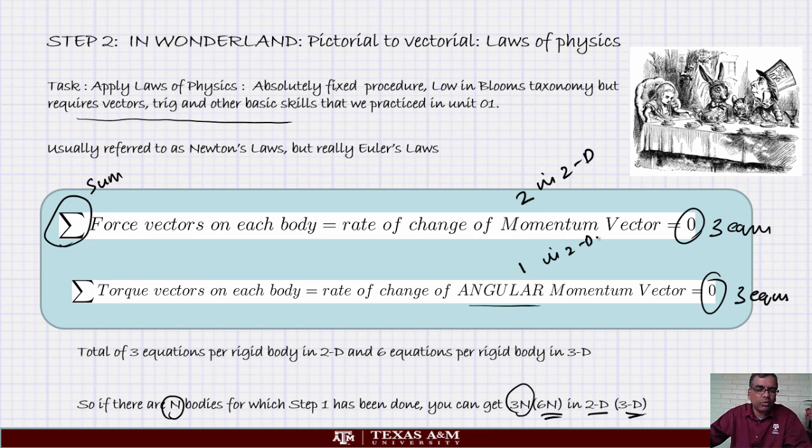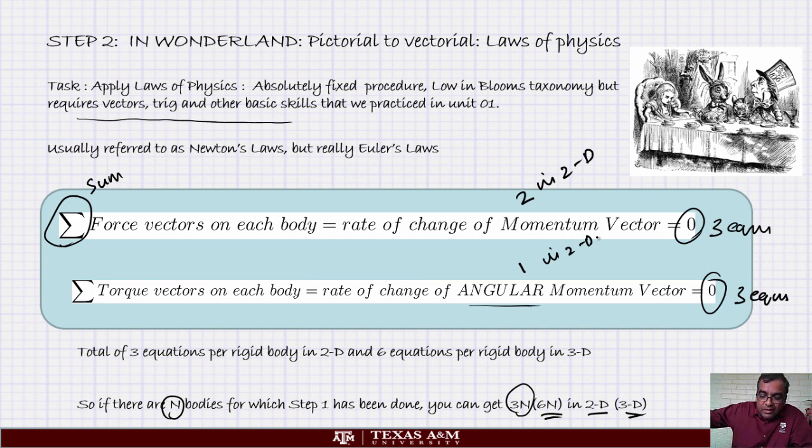But I want you to understand 2D is only a very special case. The real world is three-dimensional. So I want you to remember this: the outcome of step 2 will be equations. How many equations? 3 times the number of bodies for which you are going to write Newton's laws, or 6 times the number of bodies.